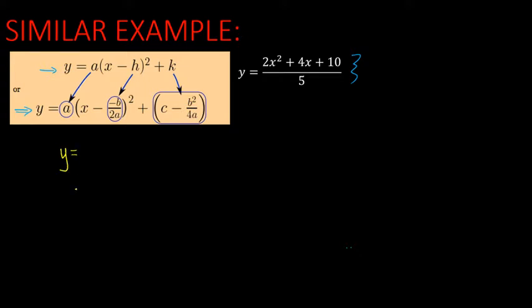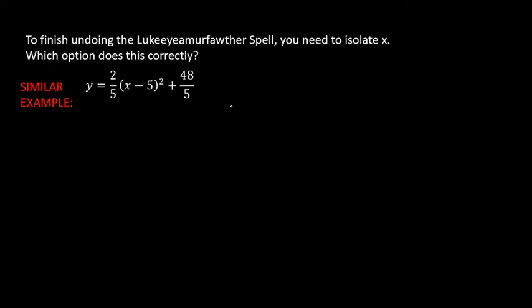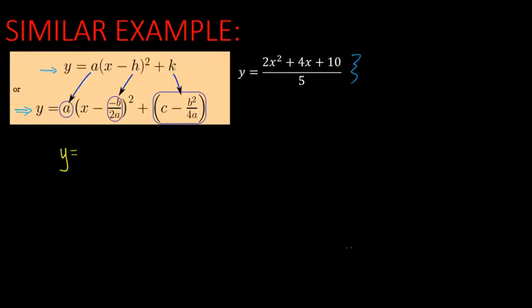Y equals, and I'm going to color coordinate here, y equals A. I can see that A is equal to 2, right? So I've got y equals 2/5. In fact, to avoid confusion, let's rewrite that because I almost made that mistake. Let's separate out our fractions.